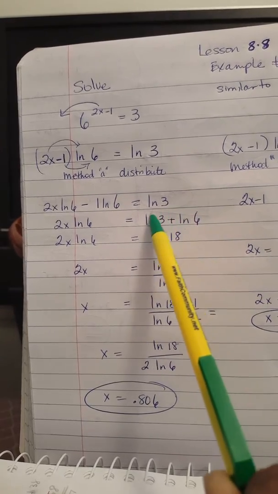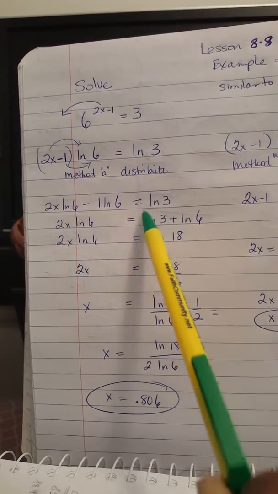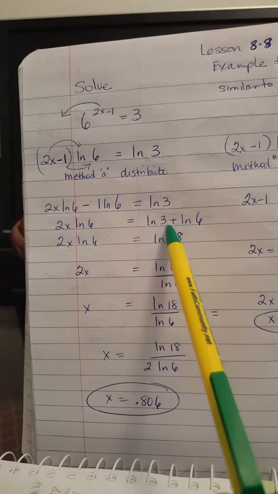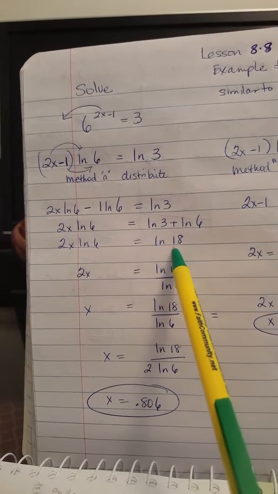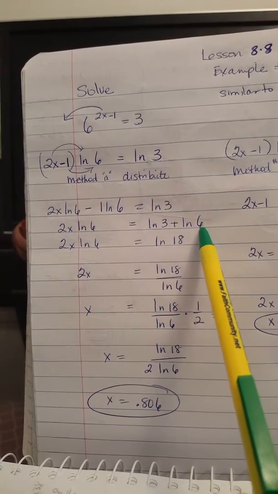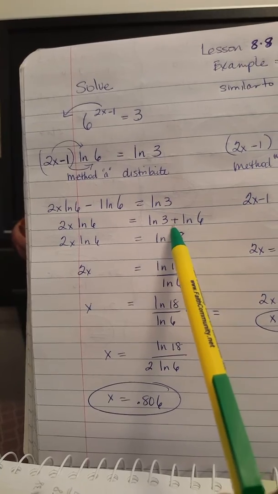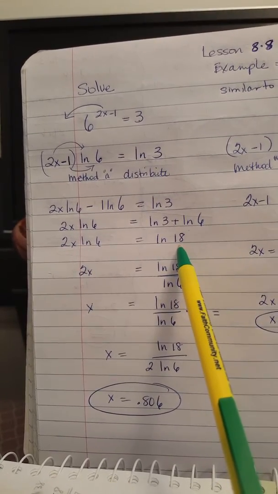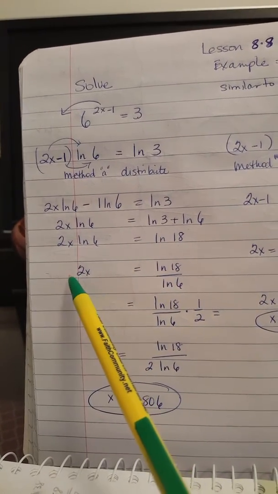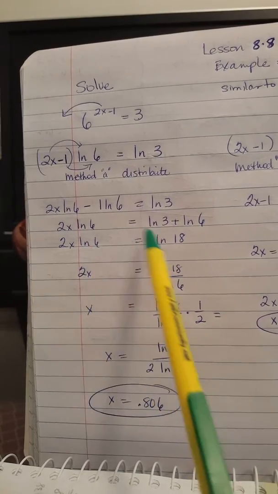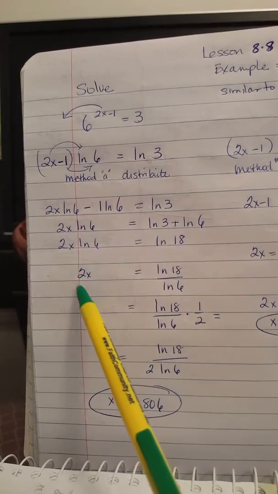Why? We use the product property of logarithms. Natural log of 3 plus natural log of 6 is natural log of 3 times 6, even though there's a plus sign here. That's the product property, and it gives us an 18. Now we divide both sides by natural log of 6 to isolate our x.